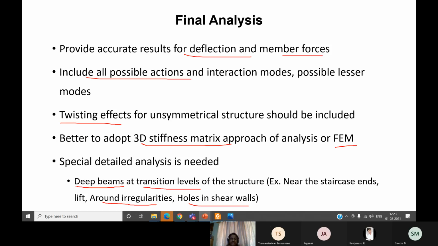Detailed analysis means every nook and corner of the structure has to be considered. You cannot just take an approximation. So this is the final analysis. Usually you cannot do anything manually. You will go for a finite element method of analysis, or a stiffness matrix method, or matrix methods of analysis.